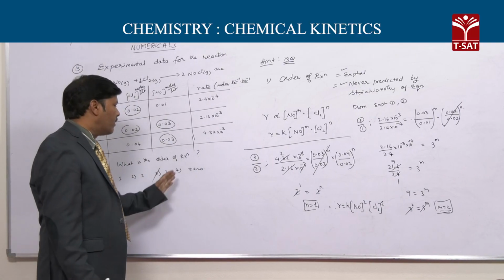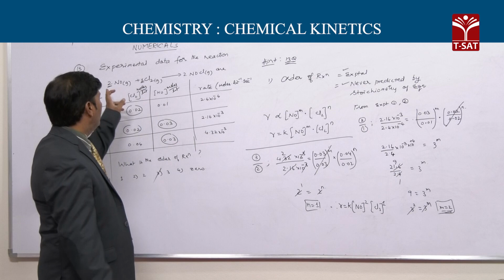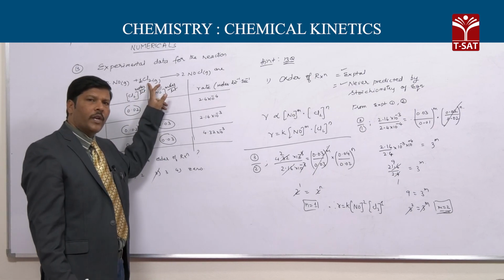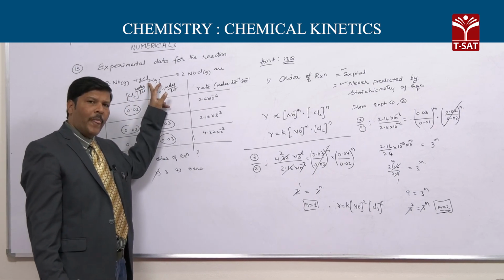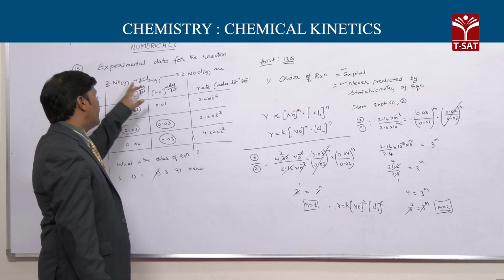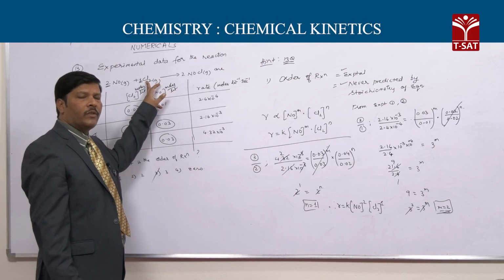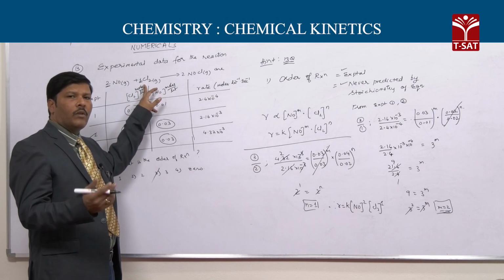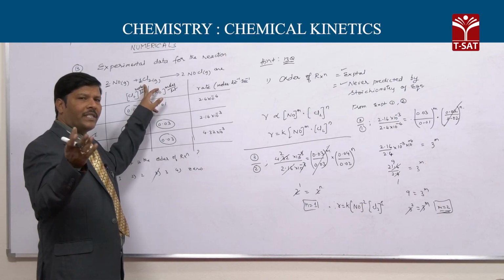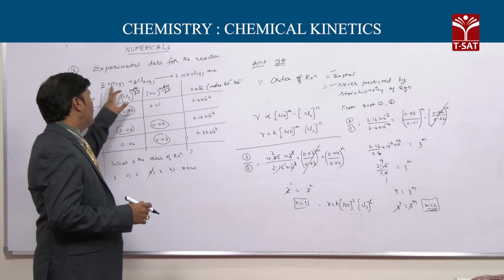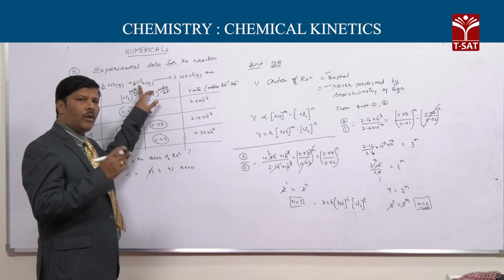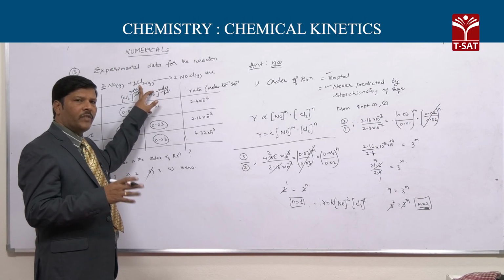From the table we have calculated the order of reaction, not looking at the stoichiometry of the equation. Though the stoichiometry of the equation is 3 here, in an entrance examination sometimes if your luck favors you, with 2 moles and 1 mole, third order reaction, your option gets correct. But every time our luck need not favor, because the order of reaction never depends upon the stoichiometry of the equation.